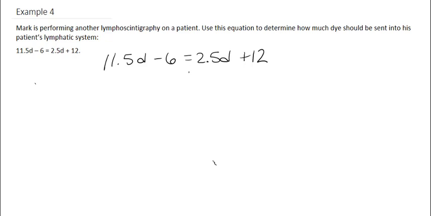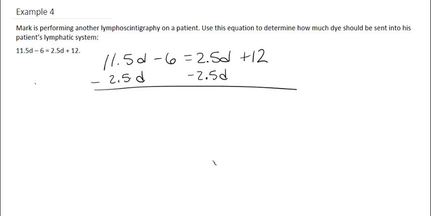So for this one, let's go ahead and subtract 2.5d on both sides. And we'll put it right under the 11.5. So this becomes 0. 11.5 minus 2.5 is equal to 9d.